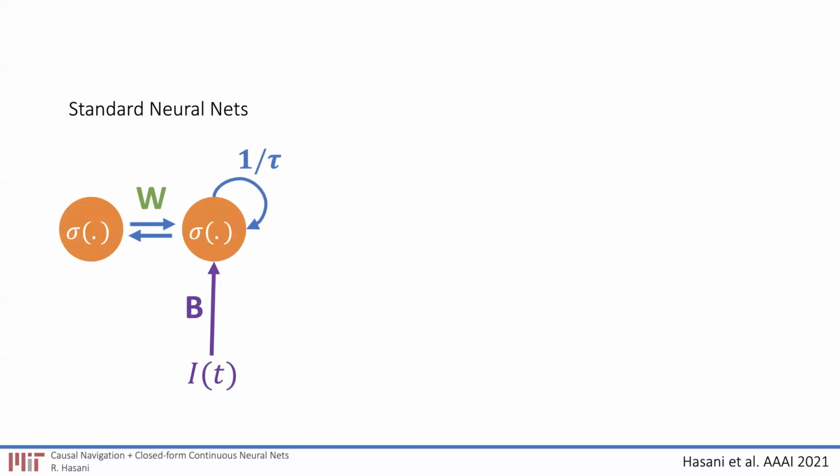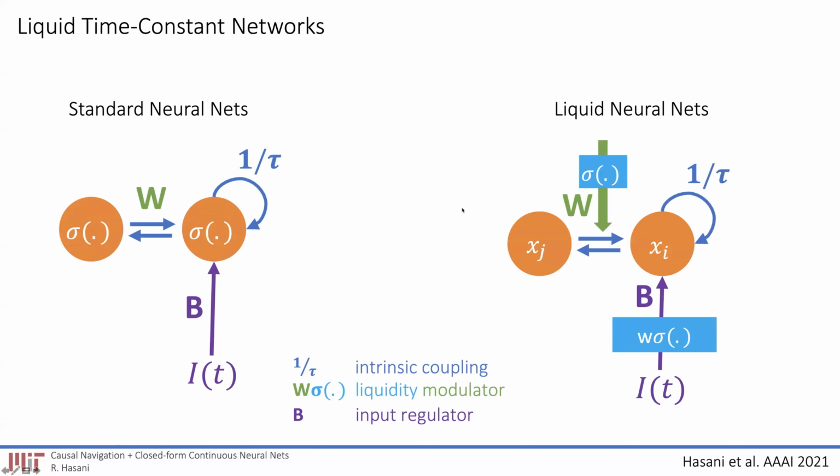So in a standard neural network architecture, you would have possible connections between two nodes of the system with activation like this. The networks that we introduced were liquid networks, where each node is a differential equation, and the nonlinearity of the system is on the synapses.